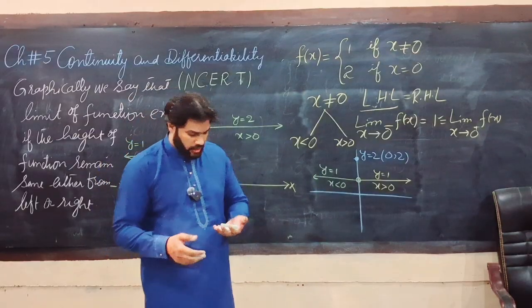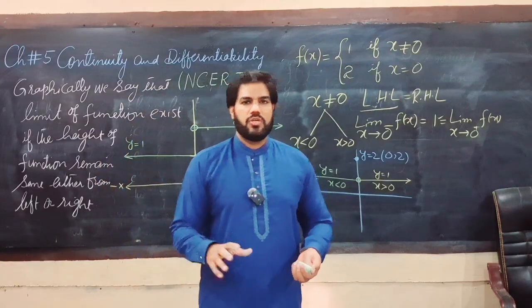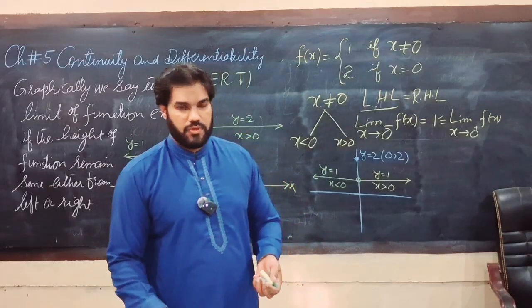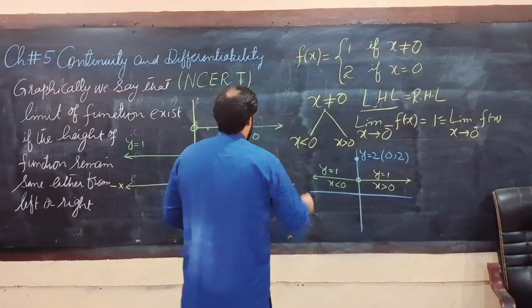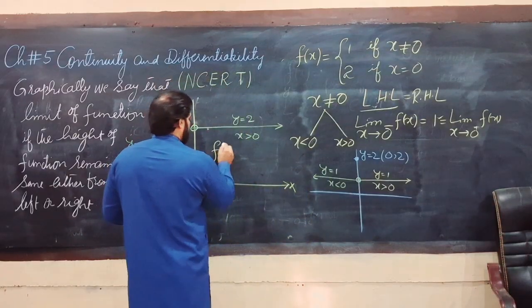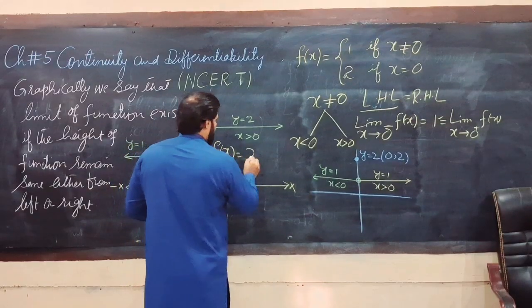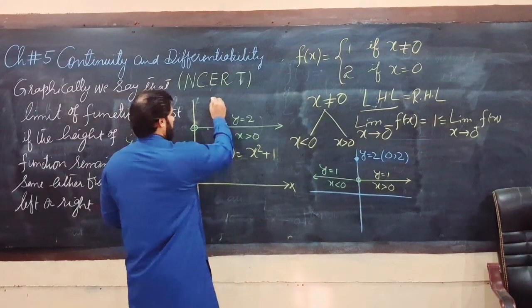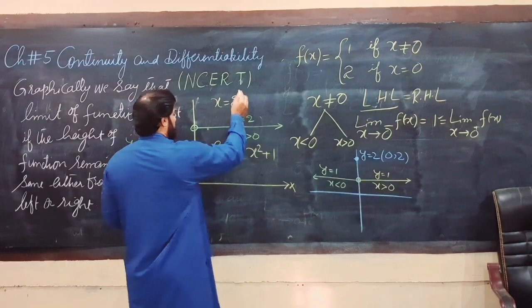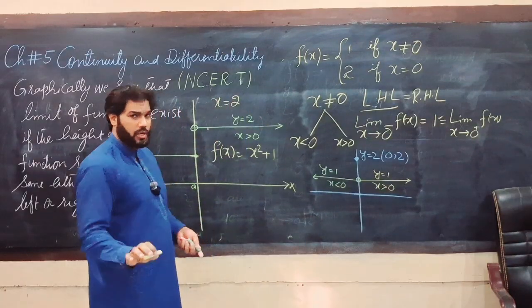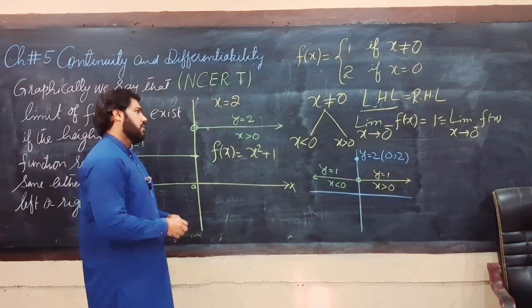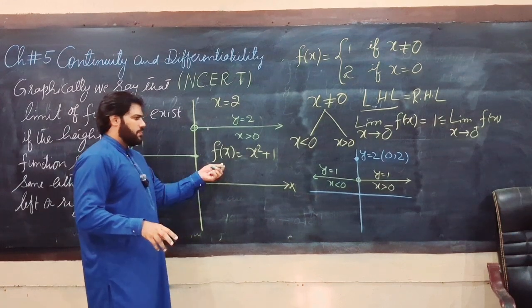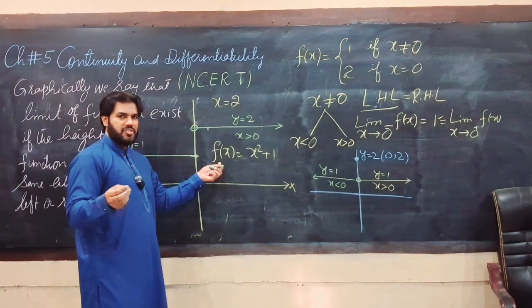Next, I am writing a function in which there is no need to find left hand or right hand limit. Like if you take a polynomial function, suppose my function f of x is equal to x square plus 1. I have to evaluate the limit of the function at x is equal to 2. There is no need to find left hand or right hand limit because this is not a piecewise function, this is just a single function.